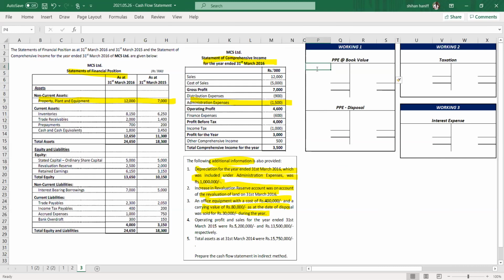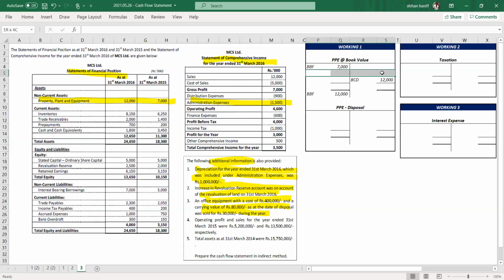Opening balance, balance brought forward, is 7,000. Closing balance is 12,000. Opening balance 7,000, closing balance 12,000.